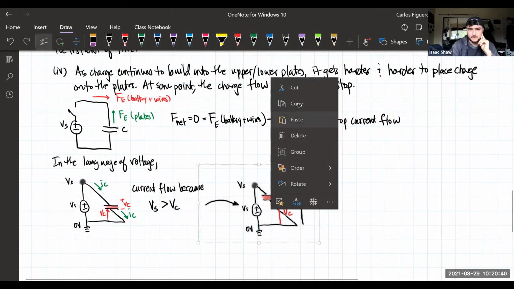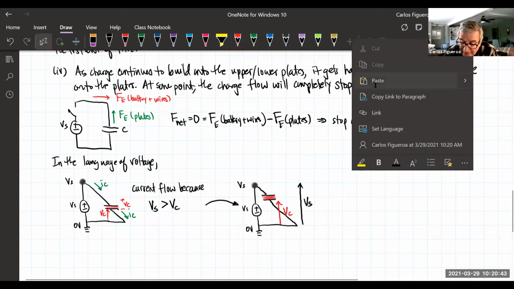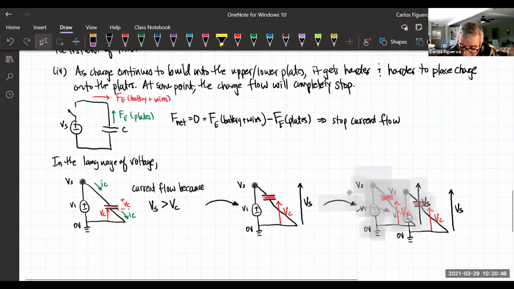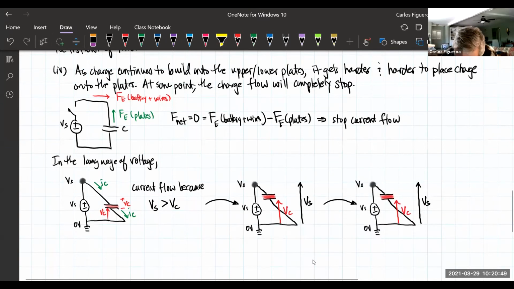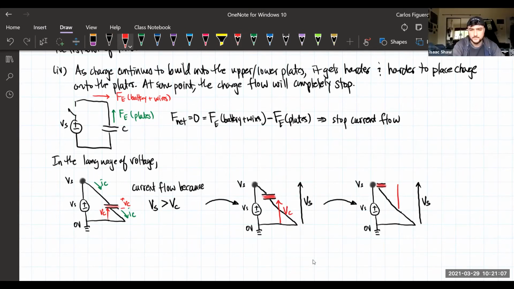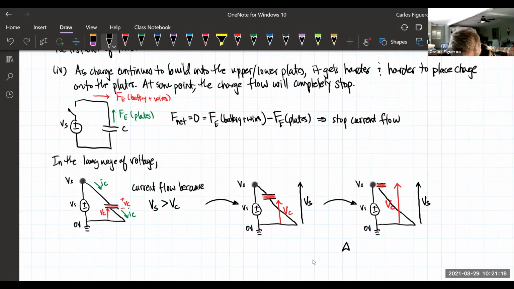At some point, the capacitor gets enough charge that the capacitor's height is now at the same height as VS. Because the potential between the capacitor and the voltage source is exactly the same, we say that V, the potential difference between them, is now zero.